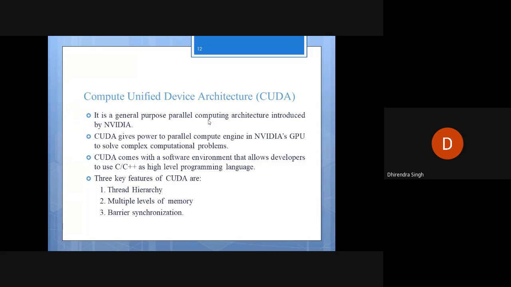After that, they have multiple levels of memory. Memory is available inside your graphics card. They have a procedure to use the RAM, the external memory available in the GPU, and then the memory internal to the core. So they have the concept of how to use that multi-level memory, and then they have the concept of synchronization. When threads are running, different threads are doing different kinds of operations.